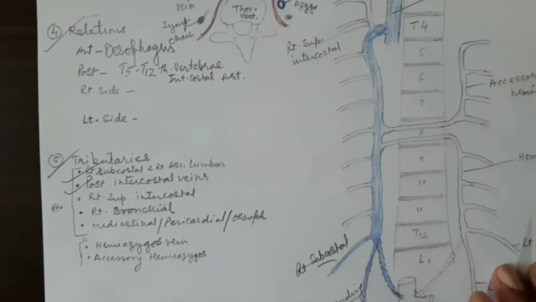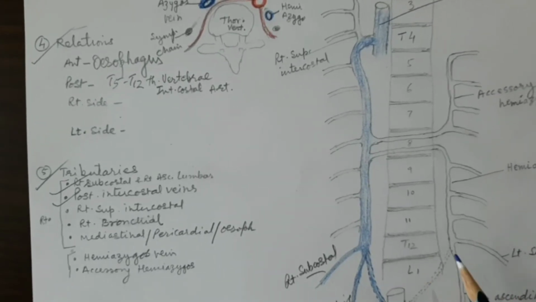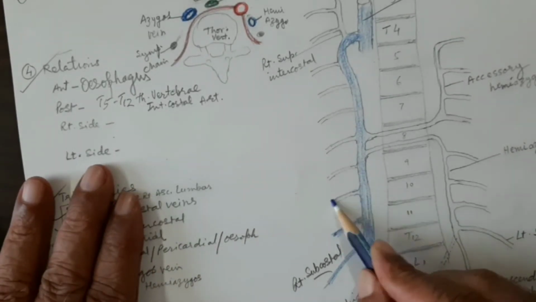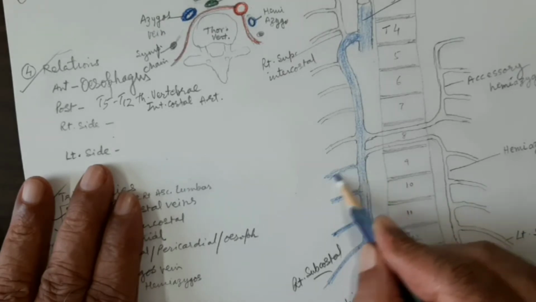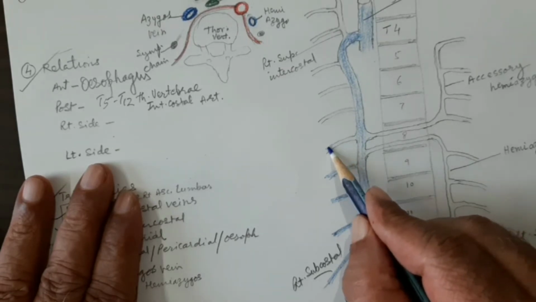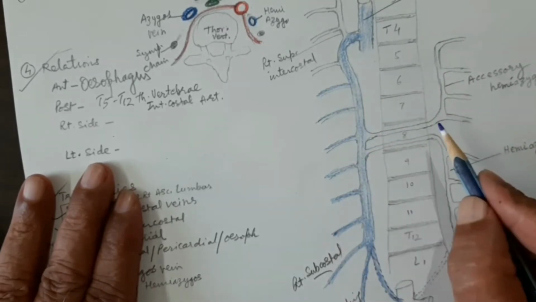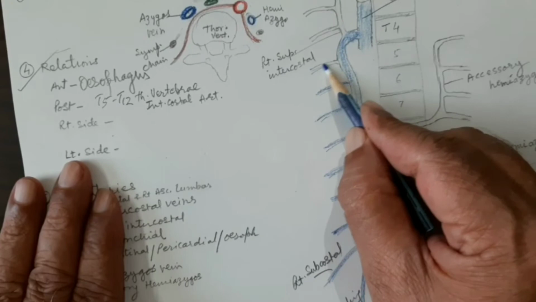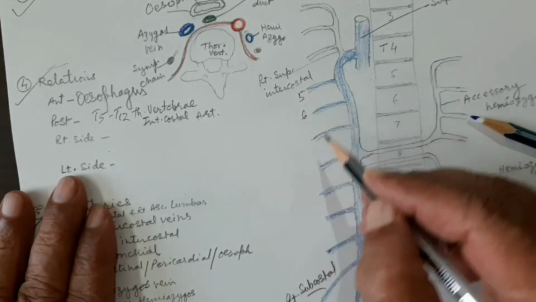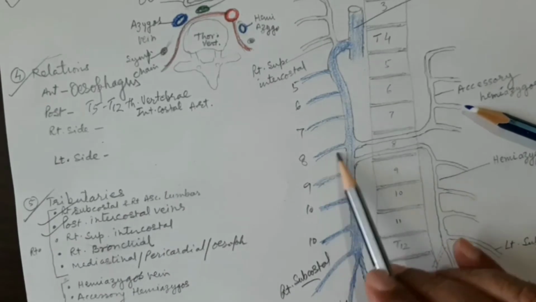Second tributary are the posterior intercostal veins. Which are the posterior intercostal veins? These are from T11, bringing blood from the 11th intercostal space, 10th, 9th, on the right side, right posterior intercostal veins up to the fifth. So this is the fifth right intercostal, sixth, 7, 8, 9, 10th and 11th right posterior intercostal.